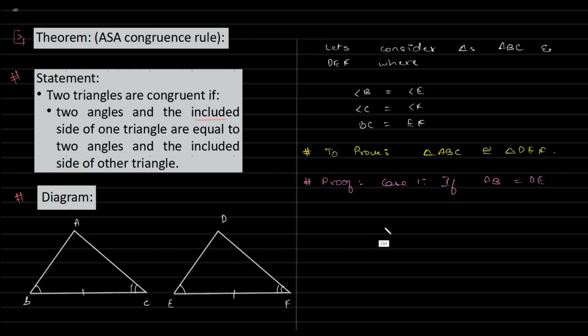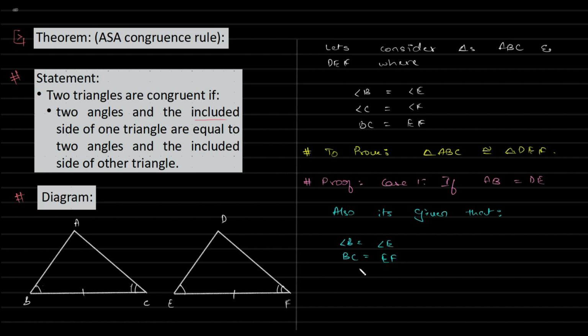I'll explain it over here. It's given that angle B is equal to angle E, and we have BC is equal to EF.